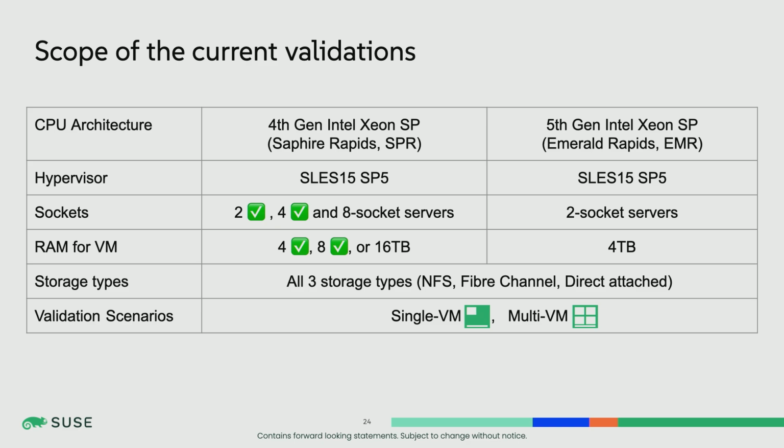So you as a customer can choose between using direct attached storage, fiber channel storage, or storage that you access via NFS. In the Sapphire Rapids and Emerald Rapids dimension, we will use SLES 15 SP5 as hypervisor operating system.